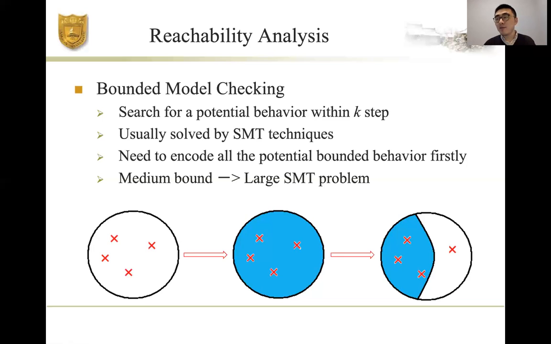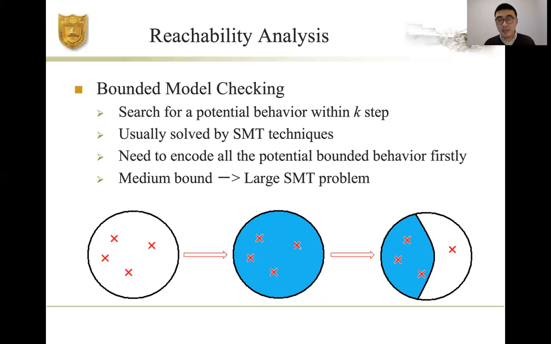They will consider all the possible directions, like when I stay in location 1, I will go this way, this way, this way. Then all these possibilities, they put together into one formula, and then ask SMT solvers to solve it.